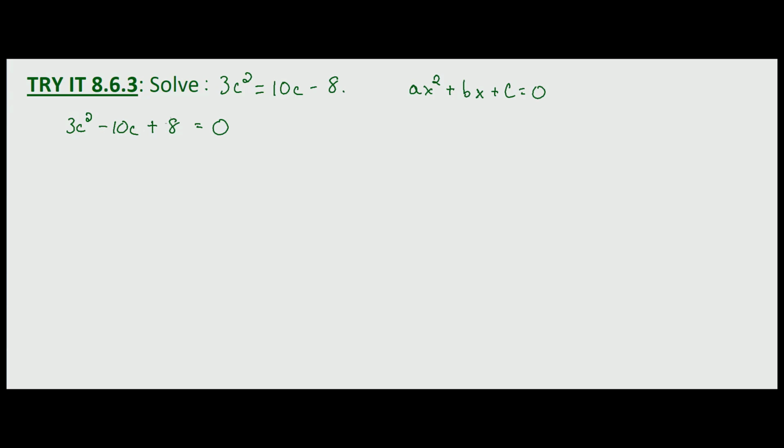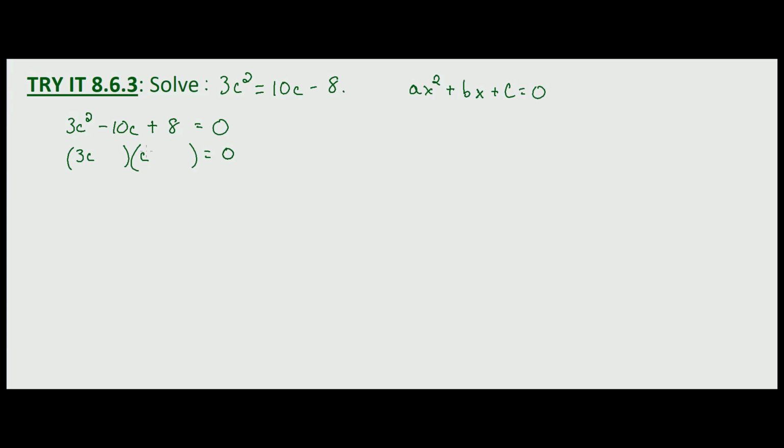And now we need to look at, will this factor? Right now, because of this particular section and example, we know this will factor. Later on, you'll have to figure that out in order to solve the quadratic. So we know that with this leading coefficient 3, the only factors of 3 are 1 and 3, so this is going to be 3c and c.